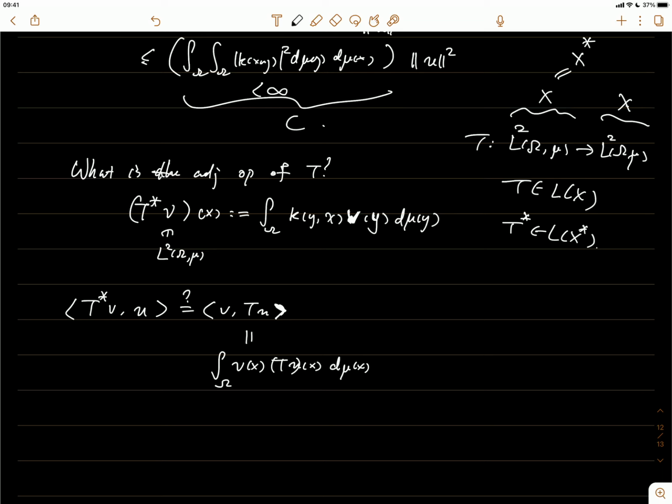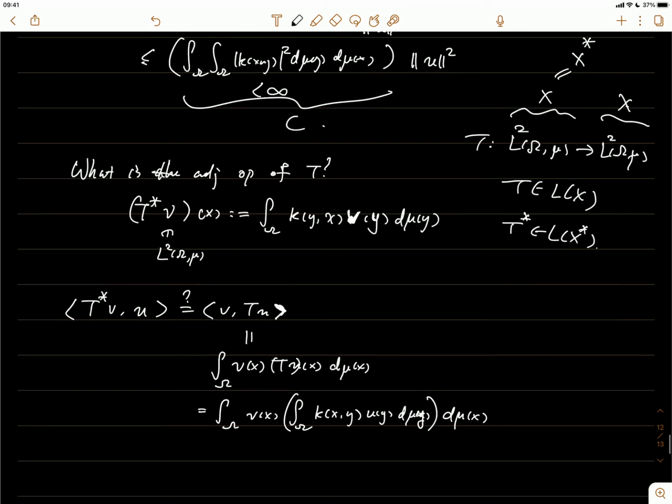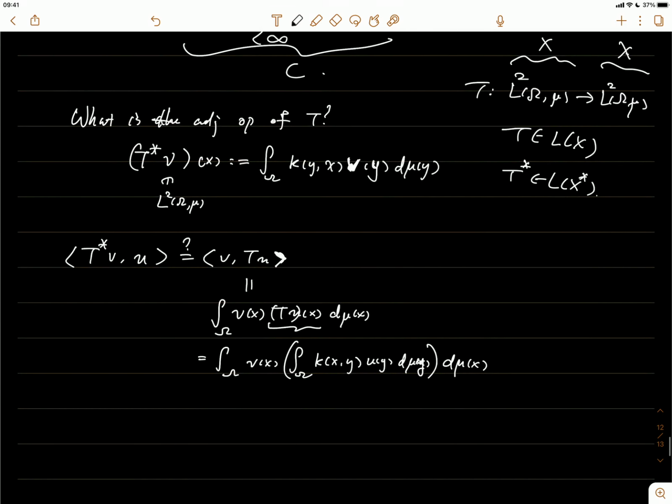That's the definition for the right hand side: apply V to T of U. But by definition, Tu we showed is the integral of k(x,y) u(y) d mu y, and then d mu x. That's how I substitute its definition.